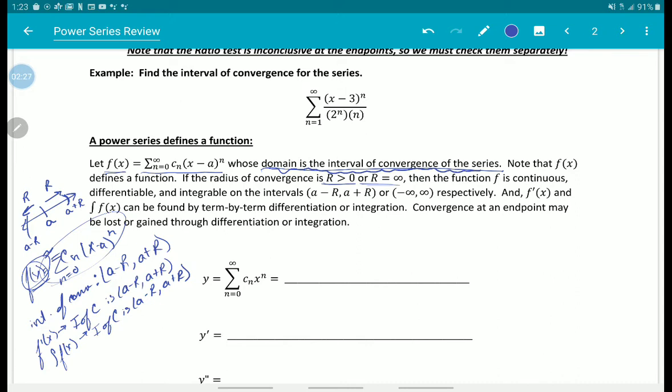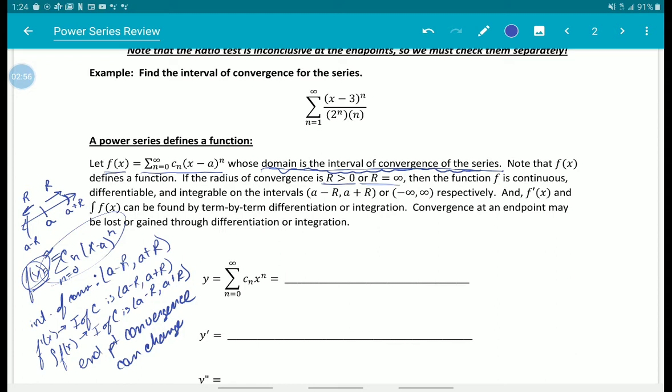What can change, however, is the endpoints. The convergence at the endpoints can change if we were to differentiate or integrate f of x. And we won't really know if it converges at the endpoints until we do our test at the endpoints, similar to what we did in the last problem.